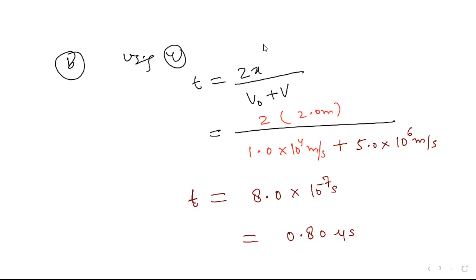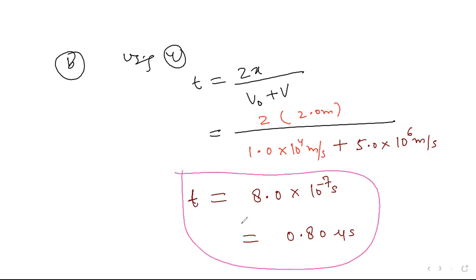Let me encircle it. Let me check it. 2 into 2 over 1 into 10 raised to power 4 meter per second is my V naught, plus 5 into 10 raised to power 6 meter per second is my V. So it is 8 into 10 raised to power minus 7 second, which is 0.80 microsecond. Remember, 1 microsecond is 10 raised to power minus 6 second, right?